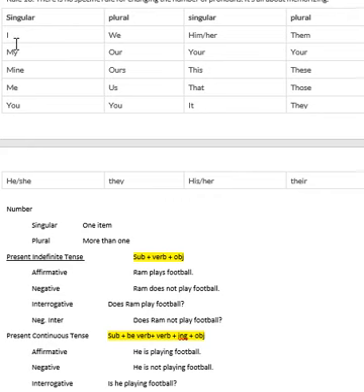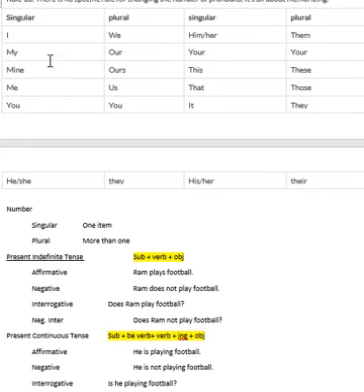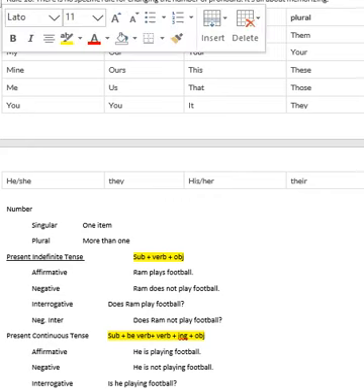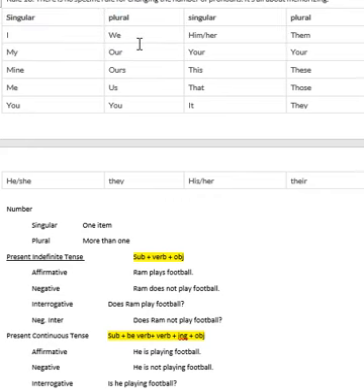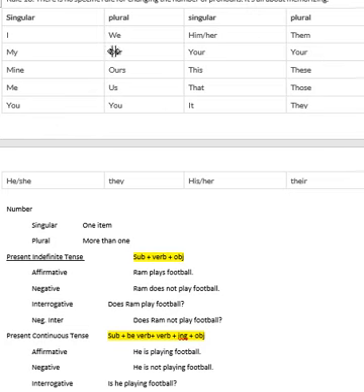Some words all of us know, but for the grammatical part I am showing you once again. I, the plural of I is we. The plural of him or her is them. He or she is they.